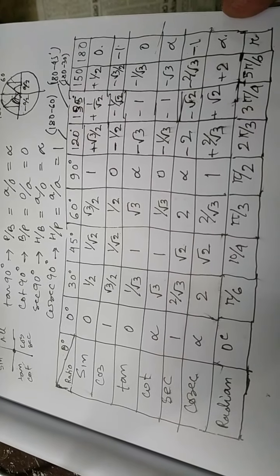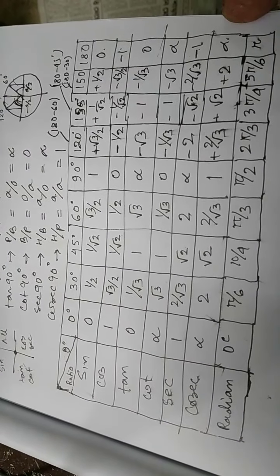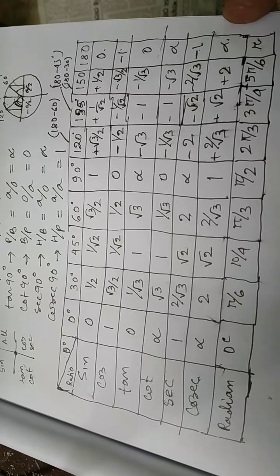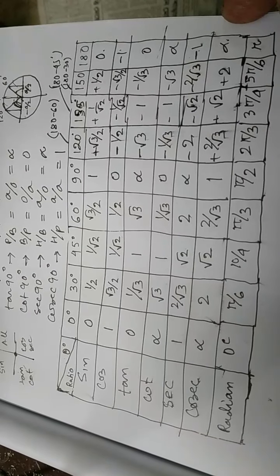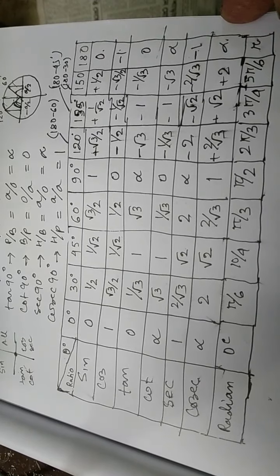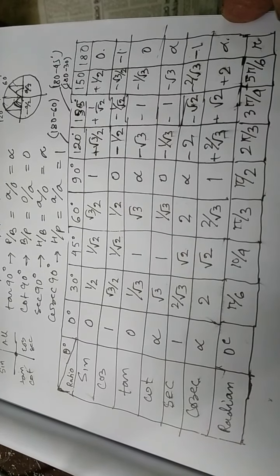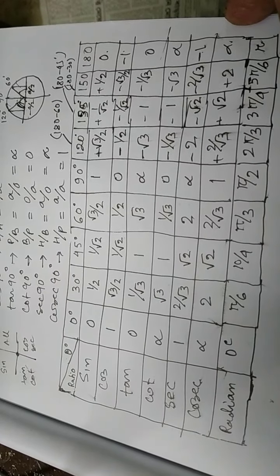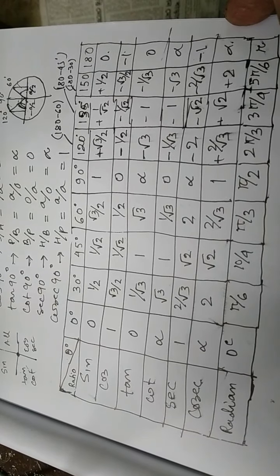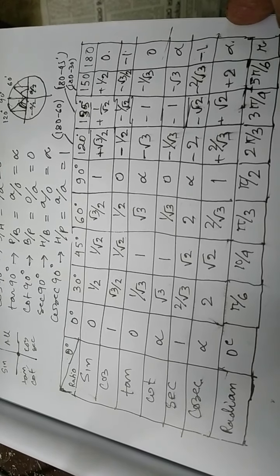All ratios from 90 to 180 are the same as those from 0 to 90, but the only difference is that those angles are 180 minus that angle. That is, the angle 120 means 180 minus 60 degree.